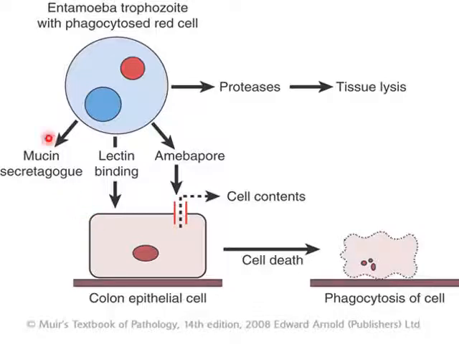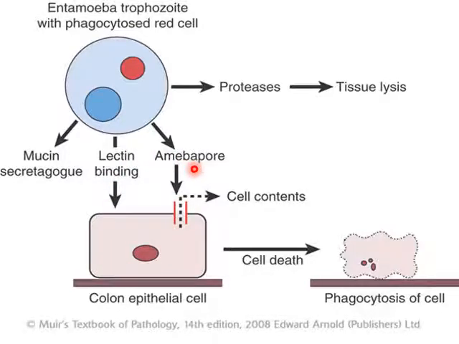As you can see here, we shall talk something regarding the virulence factors of trophozoite. This is the Entamoeba trophozoite with the phagocytosed red cells. It has got some virulence factors like the lectin antigen, the amoebic lectin antigen. It helps in adhesion to the epithelial cell of the large intestine.